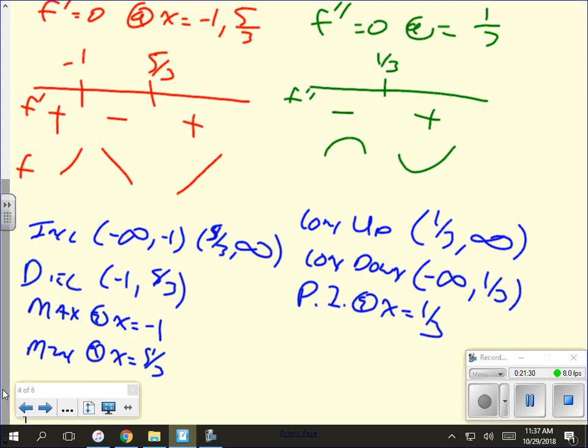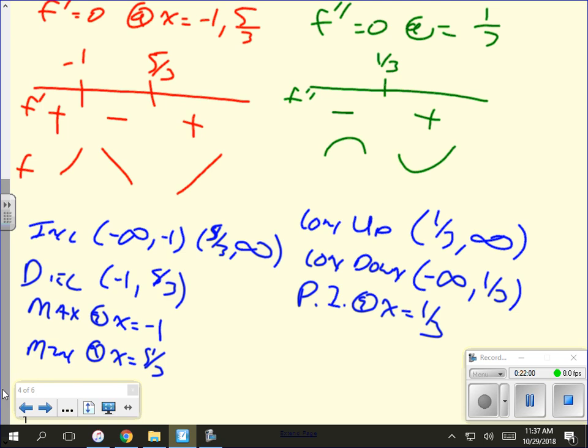Now, notice I said where the maximums and minimum and the point of inflection are. I did not say what they are. There's a difference. All I have found is where everything is happening. I have not found any corresponding values.